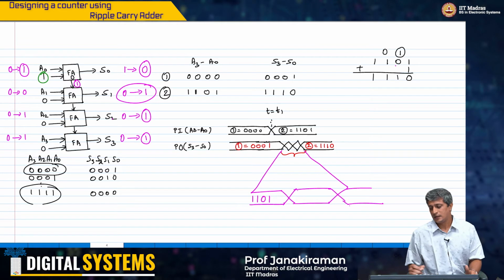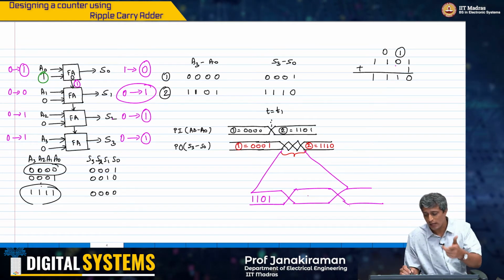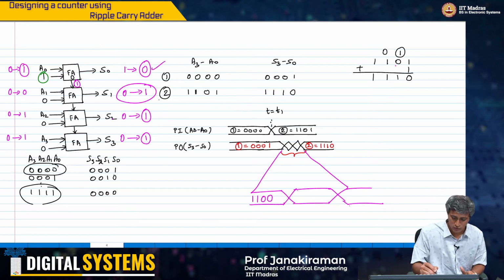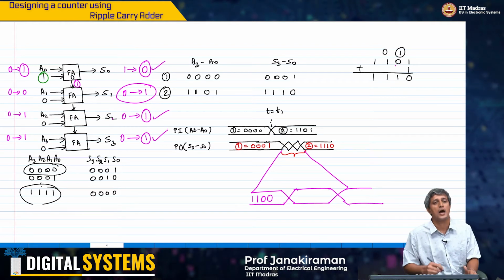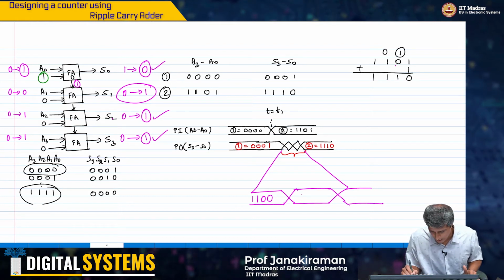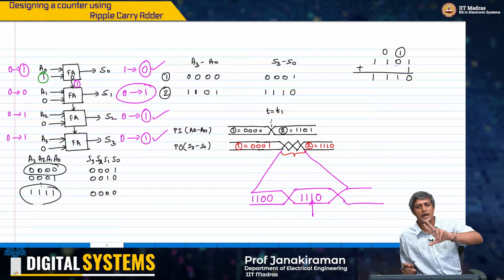And then after another full adder delay, it would have become 1 1 1 0, I am sorry, because this one would have happened after one full adder delay, and then it would have become 1 1 1 0. So this bit takes 2 full adder delays to actually get ready.